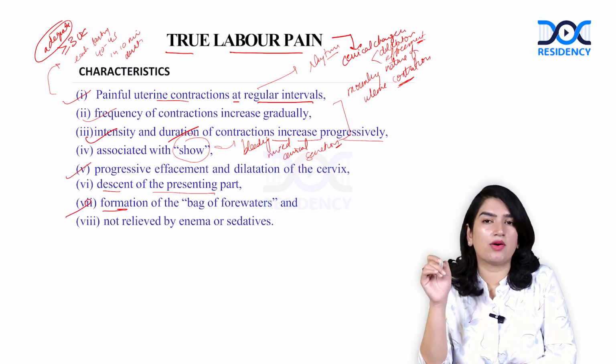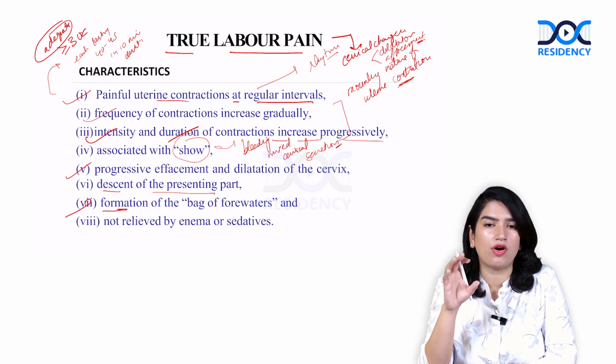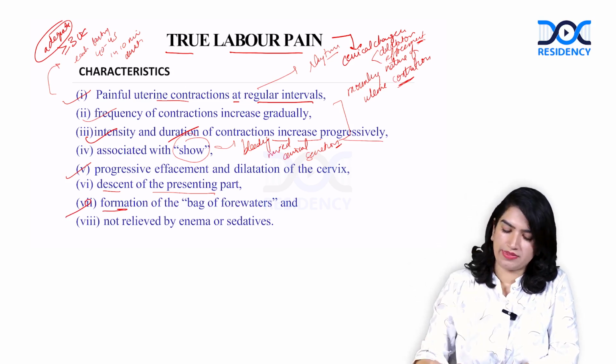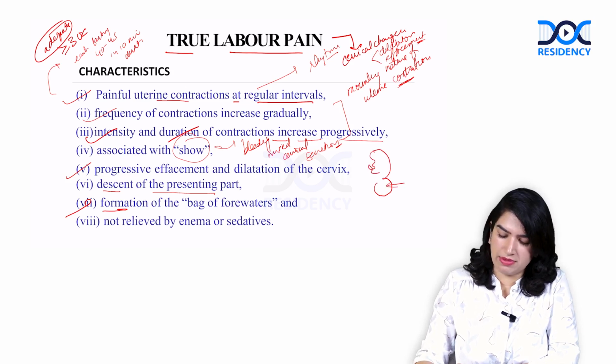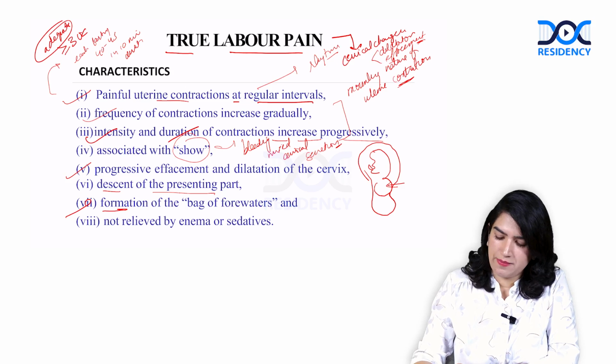True labor pains are also accompanied by formation of the bag of four waters. And what happens here? Supposedly, this is the baby. This is the head of the baby. We have the amniotic cavity divided into two compartments.